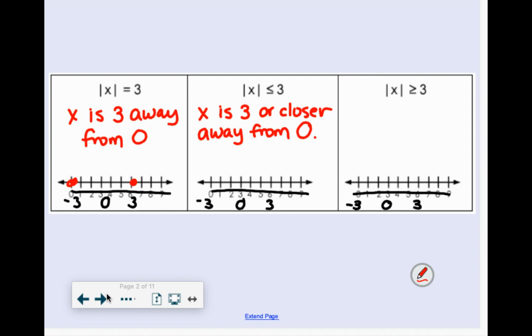So we're going to start at our 3 and -3. And if we want it to be closer to 0, then we're talking about this part here in between. And the interval notation for this would be [-3, 3]. And I'm putting brackets around both of them because they are both closed circles, because there was an equals to involved with that less than or equal to.